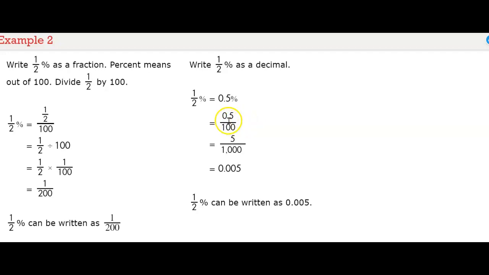Move it to the left 2 places. That will give you 2 zeros behind the 5. And that is 5/1000ths, and then that will be the decimal version of 1/2%.